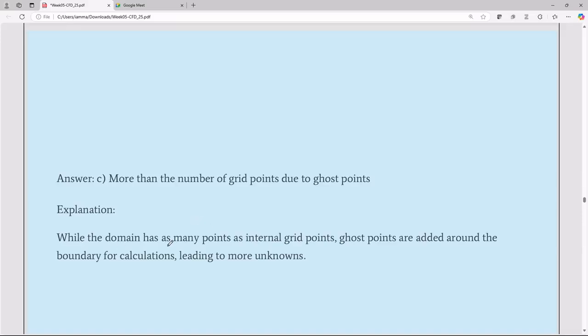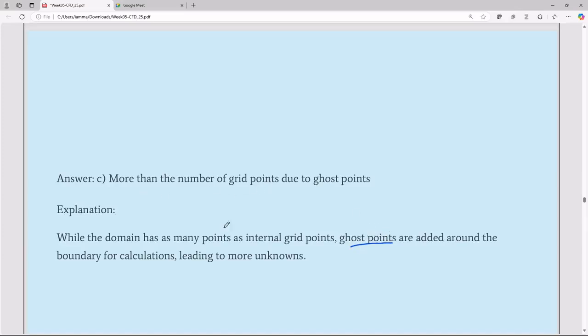At the boundary we will create another set of points called ghost points at the periphery, only for storing some values and to make the computation happen the way it is supposed to.